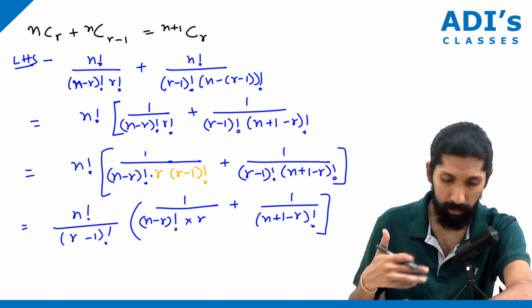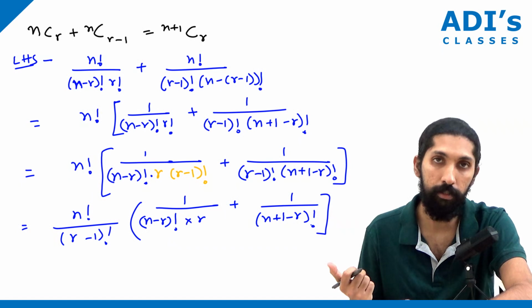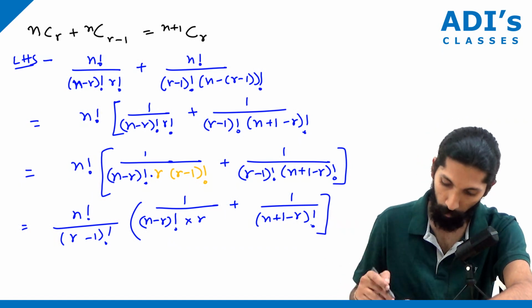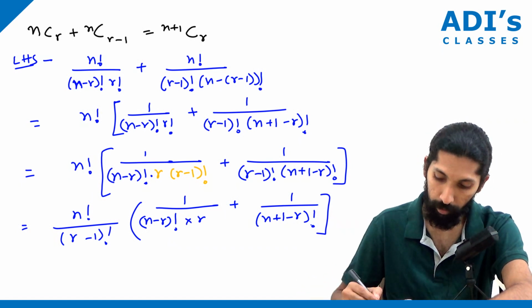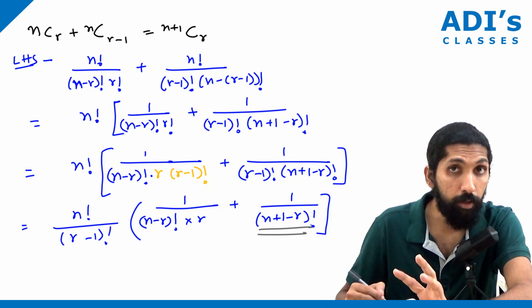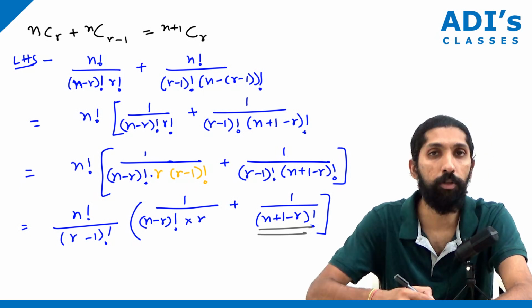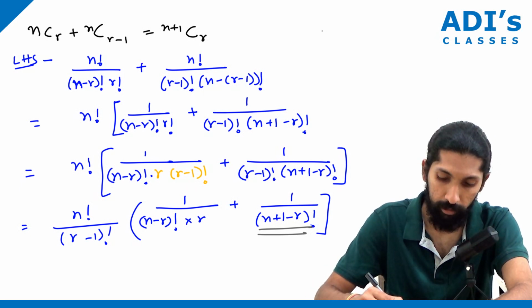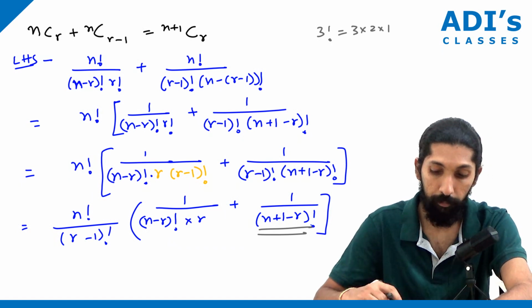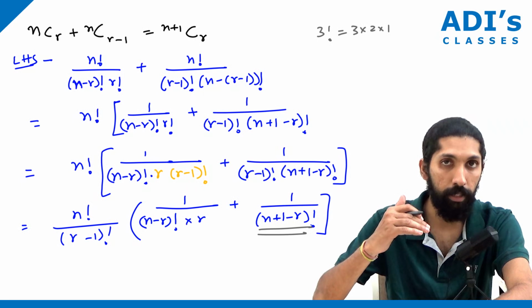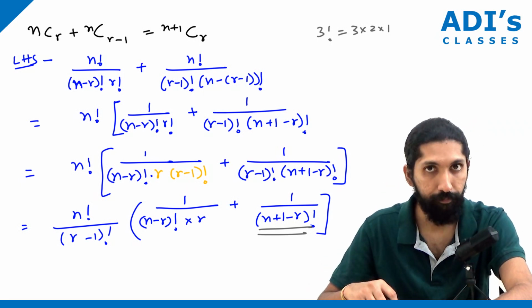But we have to further simplify this because we can't just keep it as it is. For that, we are going to take this and expand it. Remember, what is factorial? You know that if you take 3 factorial, it's 3 into 2 into 1. That means you keep on reducing the value, right?